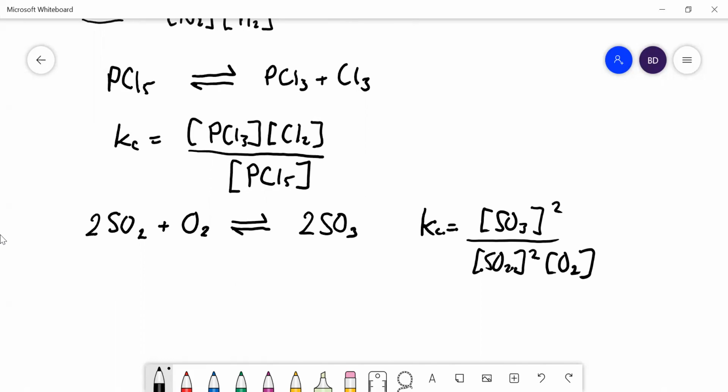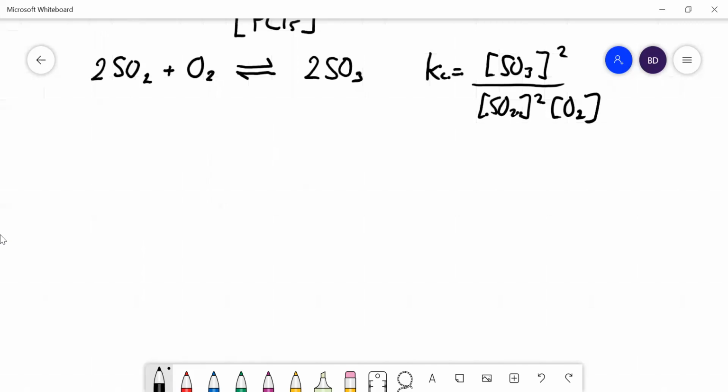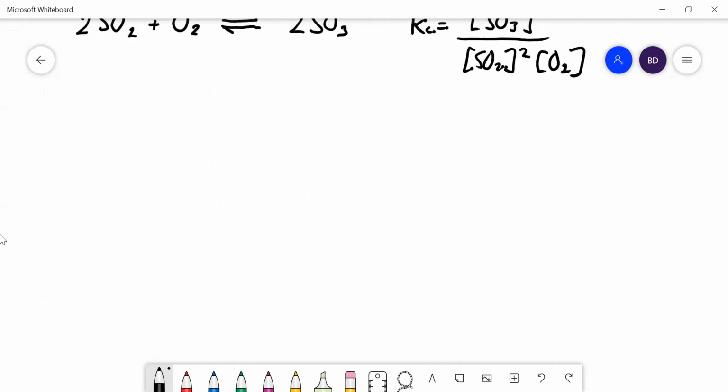Right. So let's put a few numbers into one of these and work out a value for Kc. I think we'll use this reaction here. So we have carbon monoxide will react with hydrogen to form methanol. Temperature is pretty high, everything's in the gaseous phase there.